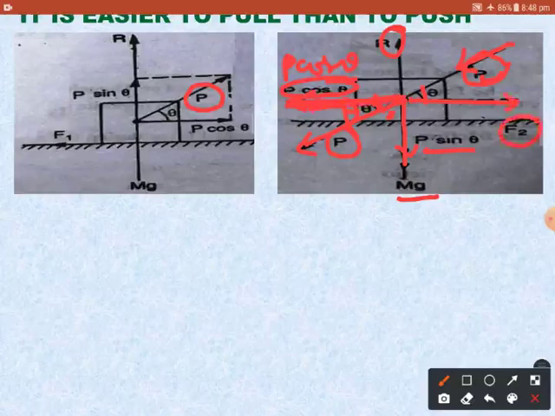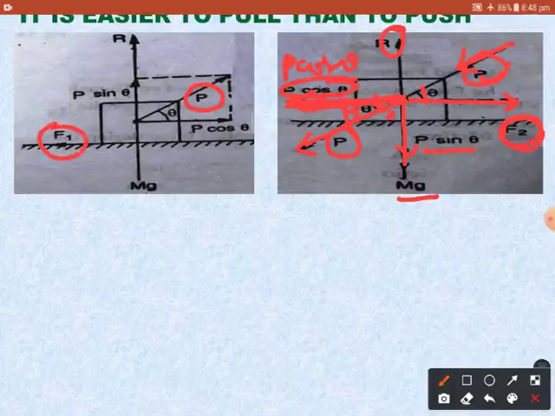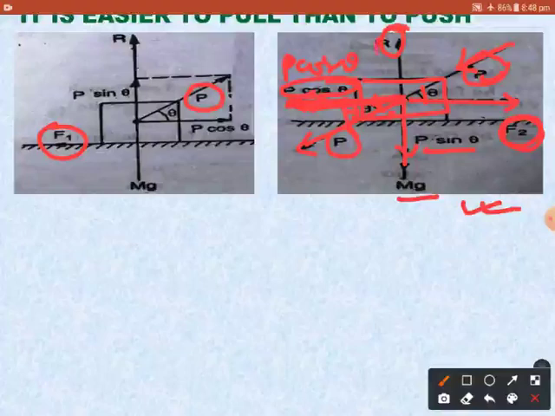We want to compare whether F2 is more or F1 is more. The one with more force is difficult to move. Lesser frictional force means easier to move. So let's find out the frictional force in this case of pushing. As the body neither moves downward nor flies upward, the total downward force must be equal to the upward force.